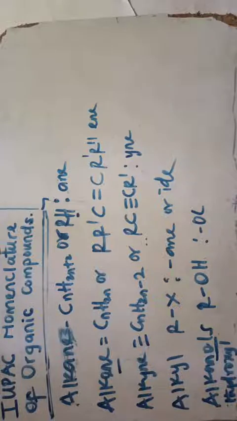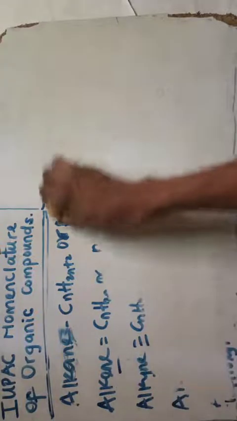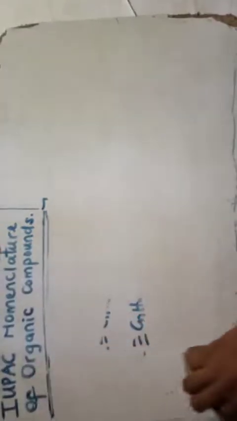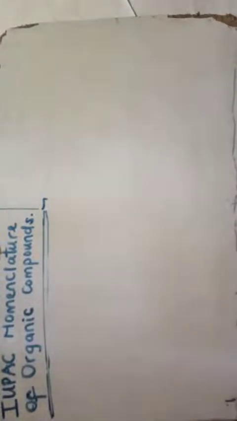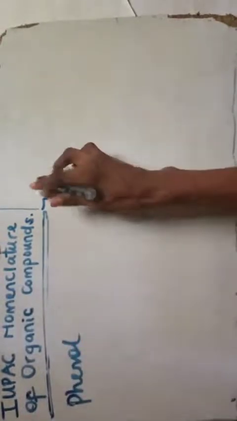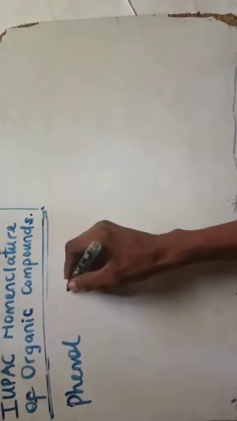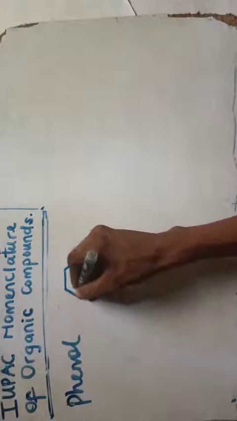So now next thing we have is phenol. Now phenol also is just something. You can't say it comes from alkanol, but it also has the form. It's from the functional groups, though. Now this phenol here is just a ring chain like benzene. I'm going to explain that as well.